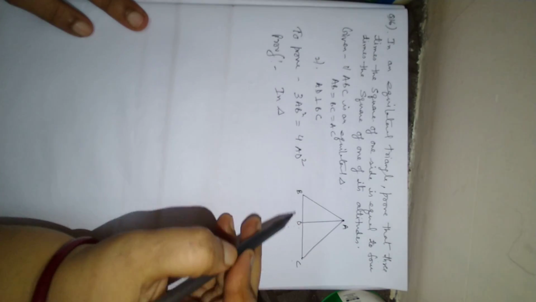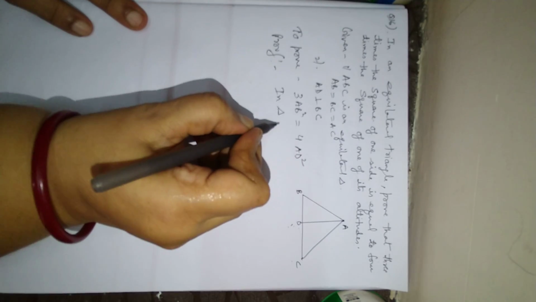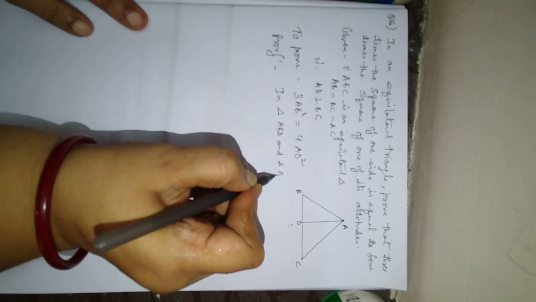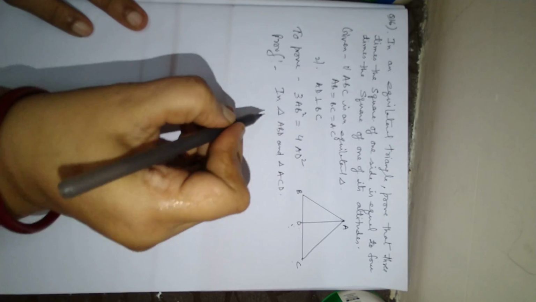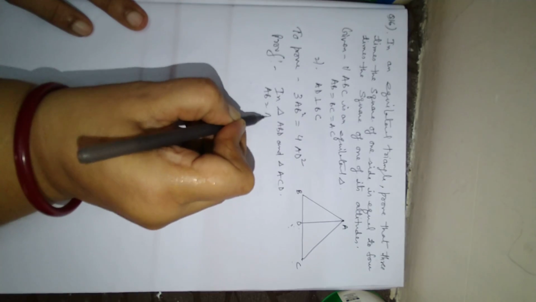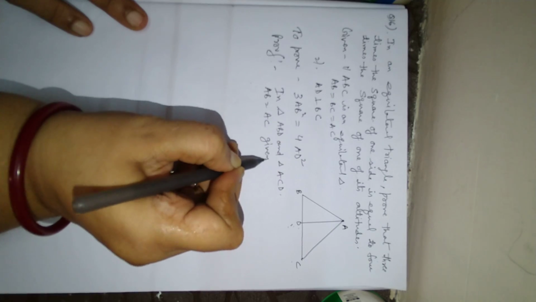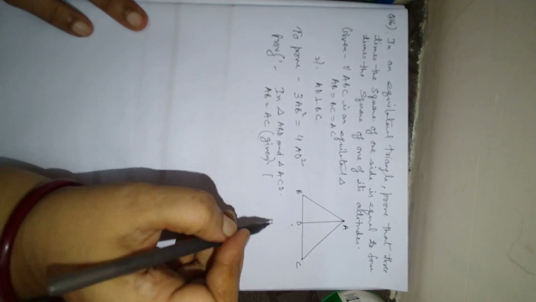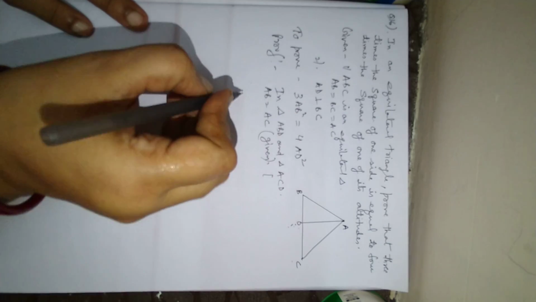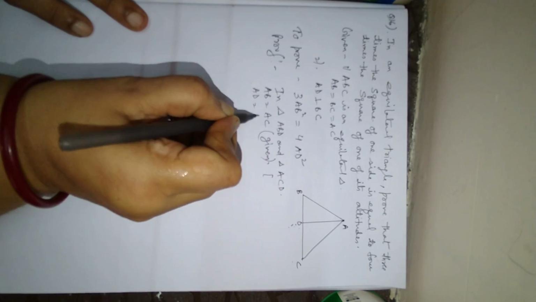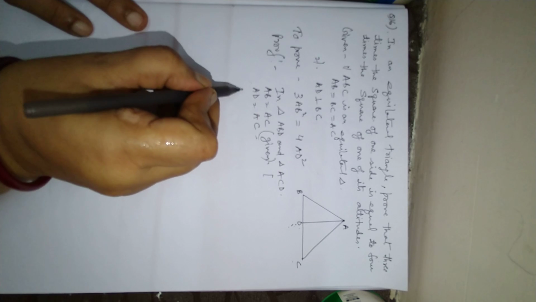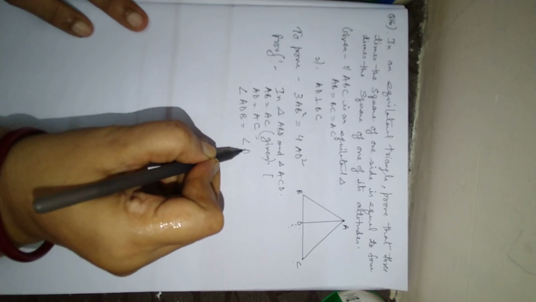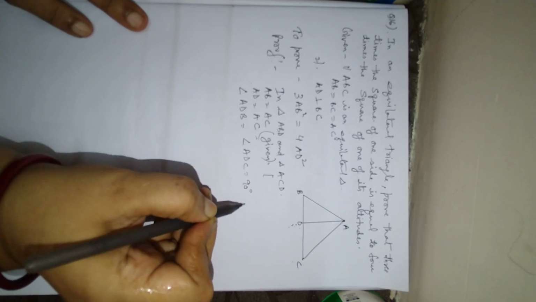In triangle ABD and ACD, AB equals to AC given because it is an equilateral triangle. This is your given equilateral triangle. AD is common in both. And angle ADB, that is equals to the angle ADC, 90 degree. This is also given.